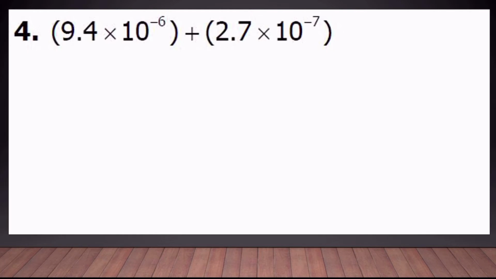So it's really in your best interest at this point to write our LARS on the side, because what this does is it helps us remember what we're doing. Now, when we're dealing with a negative exponent, and if I move my decimal place once, if I move it to the right, I'm subtracting. If I move it to the left, I am adding.